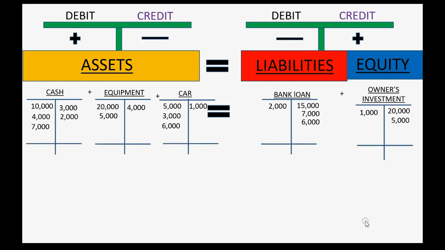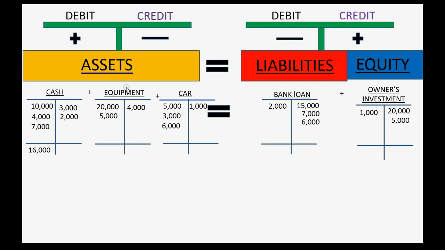And now that we're done, we're supposed to do what's called foot every account. That means take all the positive and negative numbers in each account and put them together, and whatever remains shows up as the ending balance. If the positive numbers for assets are more, that means you had more debit than credit, and you wind up with a debit balance. So if you did the math yourself, you will see cash has a debit balance of $16,000.